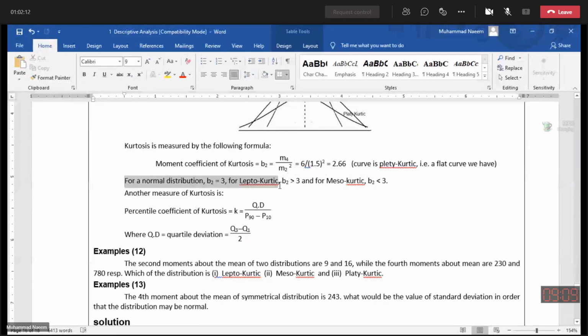With this criterion, if this coefficient of kurtosis is equal to 3, the curve is normal. For leptokurtic, the value of B2 is greater than 3, and for platykurtic, the value of B2 is less than 3.